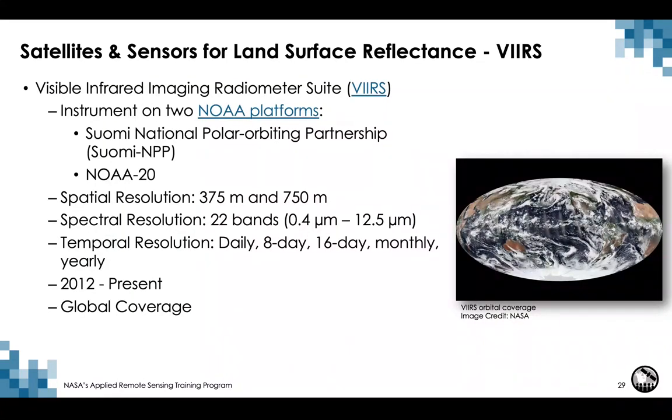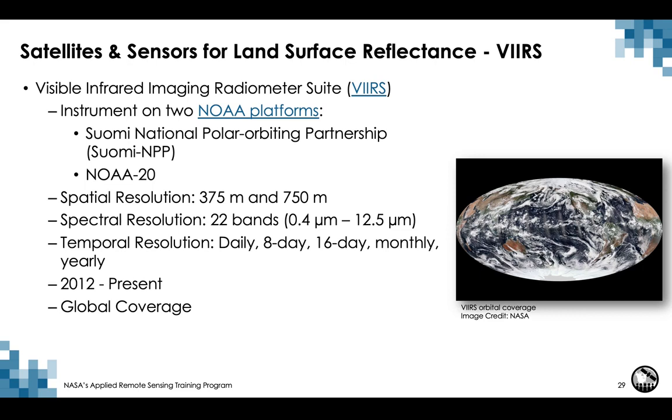The next instrument we'll discuss for land surface reflectance is the Visible Infrared Imaging Radiometer Suite, or VIIRS. VIIRS was first launched as one of 5 instruments on the Suomi National Polar-orbiting Partnership, or Suomi NPP, mission in 2011. This multispectral imager obtains daily observations from the visible wavelengths through the thermal.